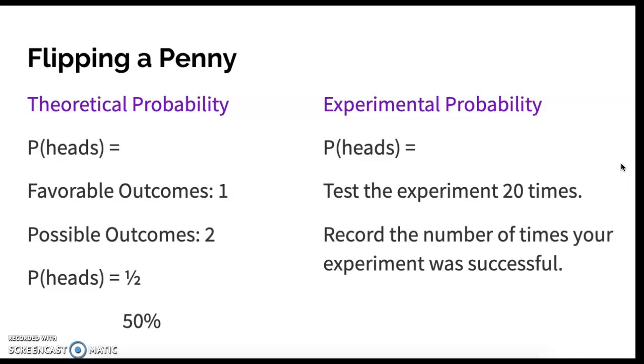I would recommend making a T-chart and keeping track of the number of successes, how many times you did get heads, on one side, and then your not successful flips, the times that you did not get heads, on the other side, and then the total should come up to 20. Then you're going to write your probability. So go ahead and pause the video and do your experiment.